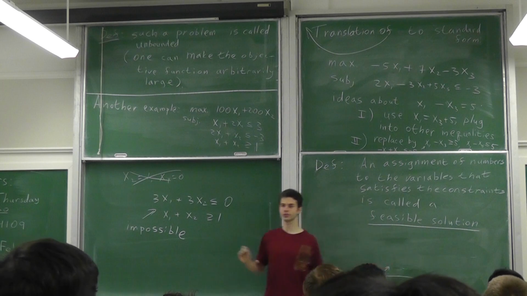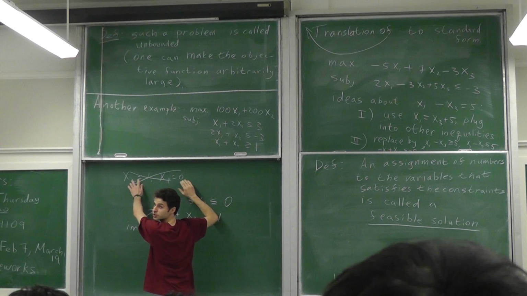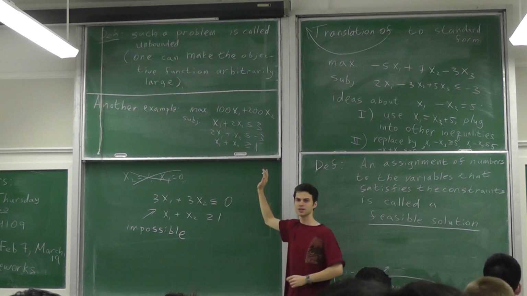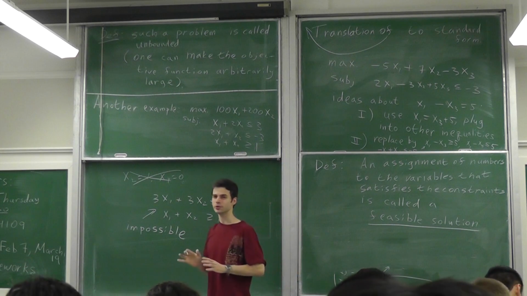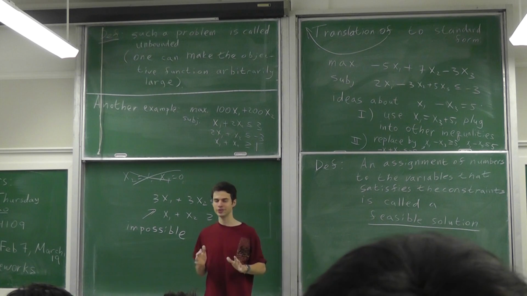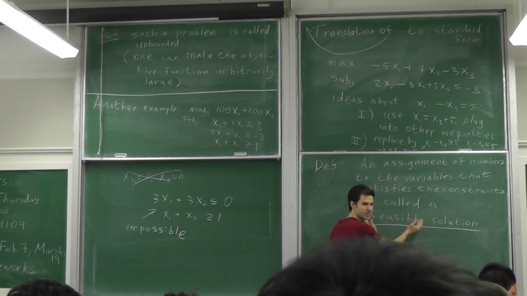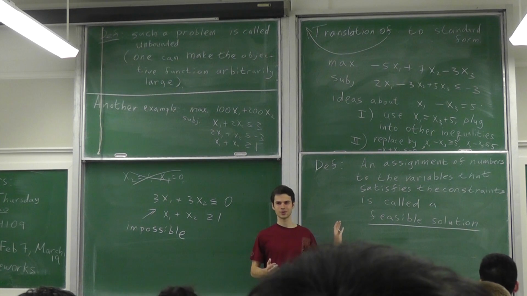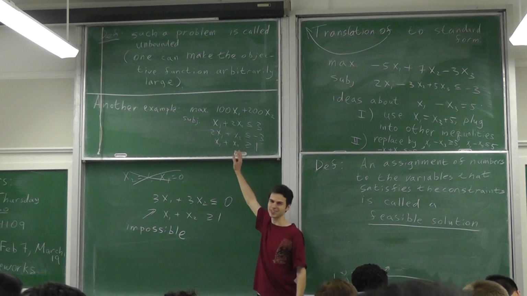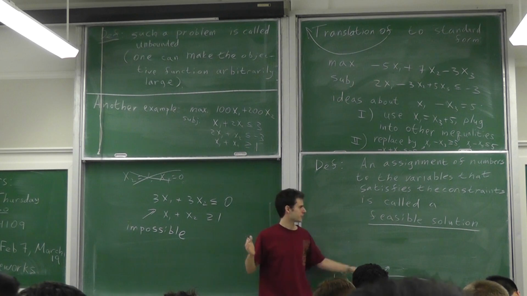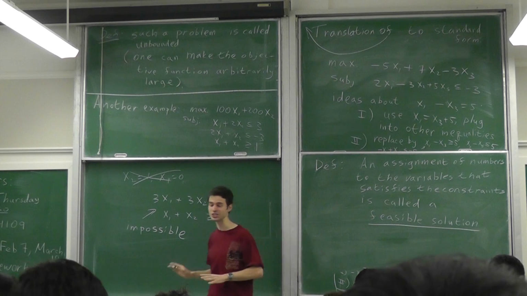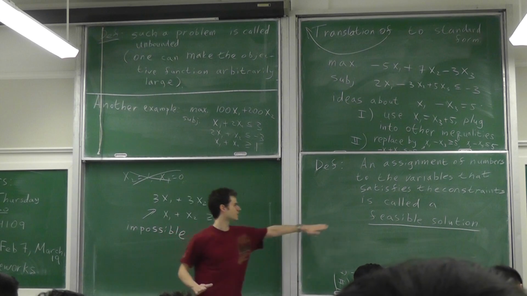So every time you have some assignment of numbers to the variables, and this assignment does satisfy the constraints, we don't just call it a solution, we call it a feasible solution. If it is a solution, it should satisfy the constraints, kind of strange, but later we will have solutions which do not satisfy the constraints, and we'll actually need this extra word.